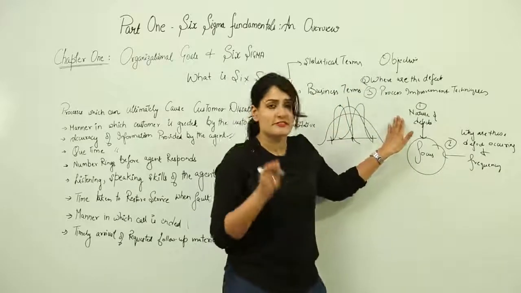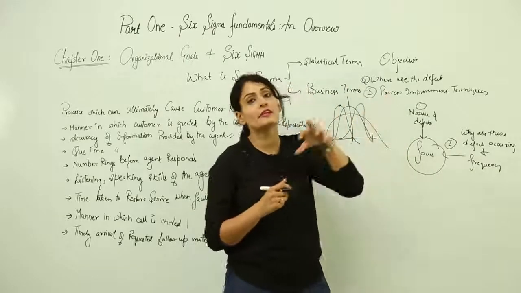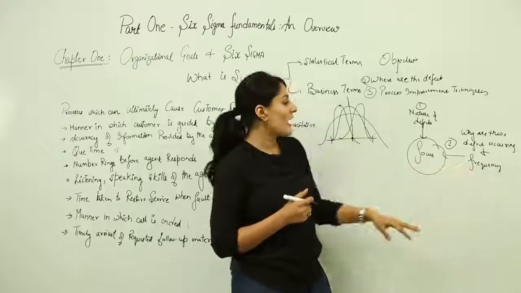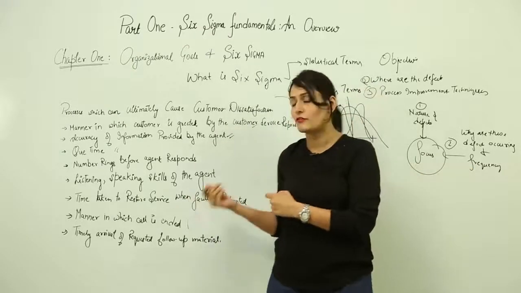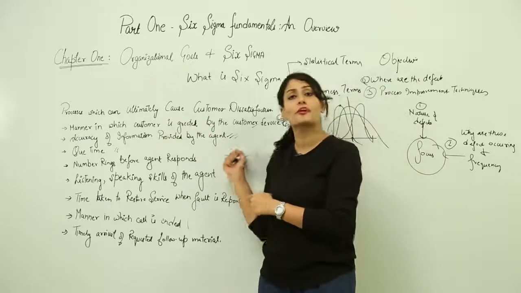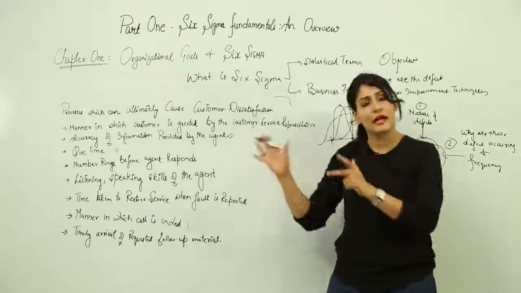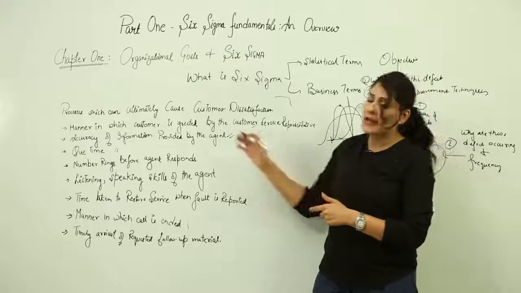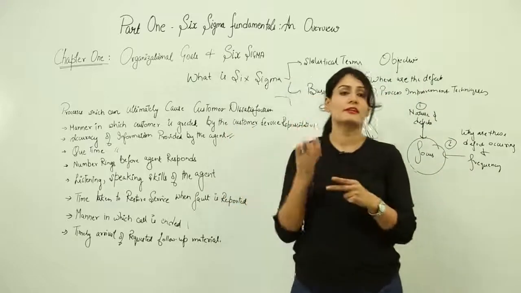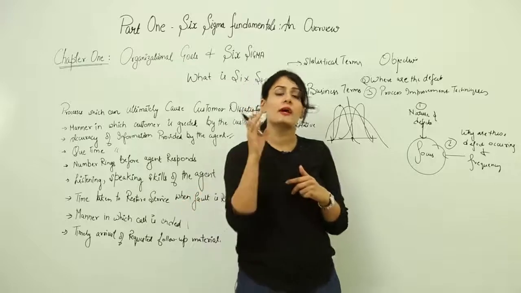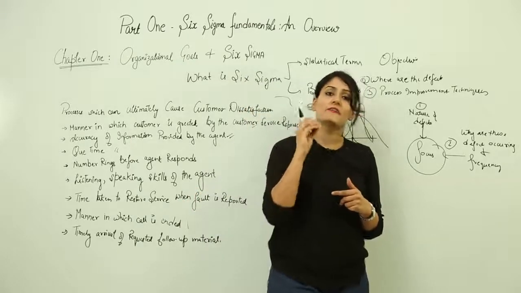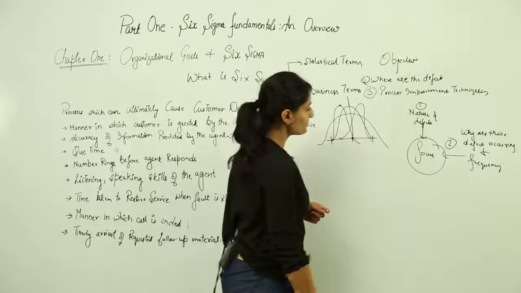First you understand their nature, and then you study the root causes of all these defects and their frequency, that is, how often they are occurring. Is it just once in a while that the customer was not greeted properly, or is it a regular habit of that particular representative? Or the call got disconnected just once, or it happens frequently? That way you can understand the process and then figure out ways to fix those.